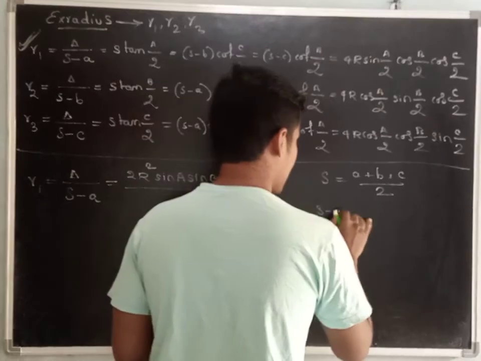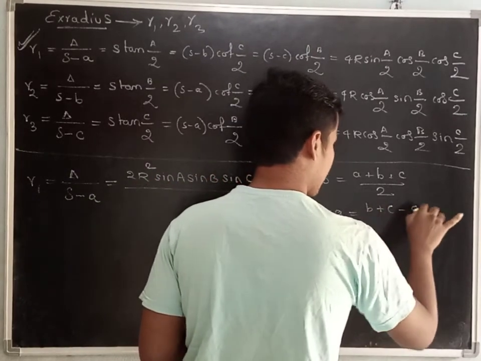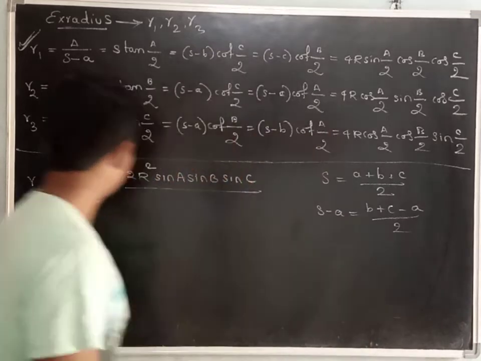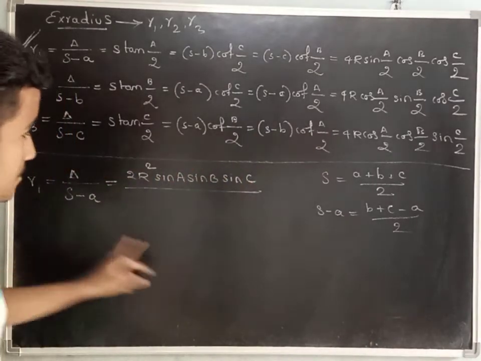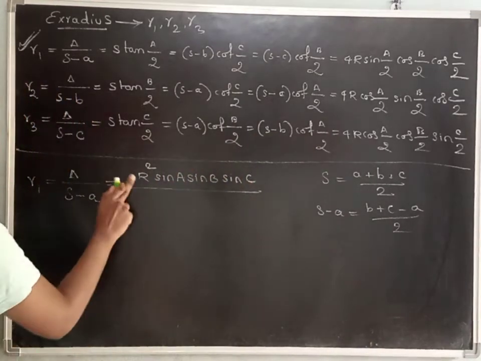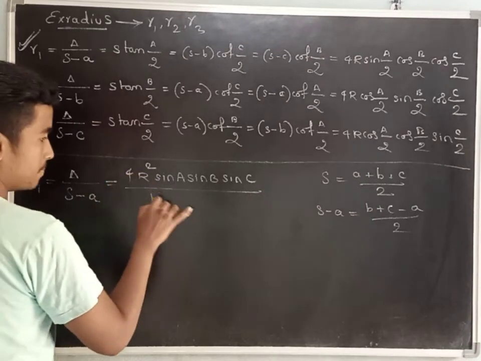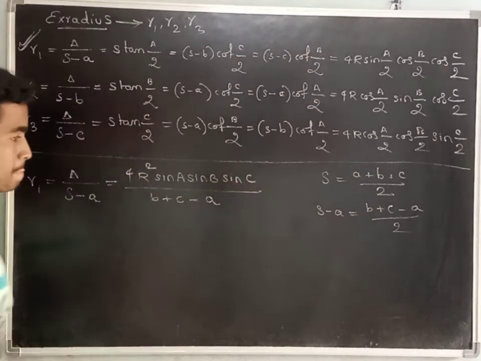Similarly, s minus a is nothing but (b plus c minus a) by 2. Okay, so substituting this, it can be written as 4R square sin A sin B sin C by (b plus c minus a).